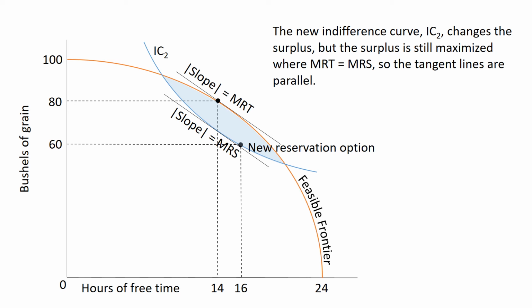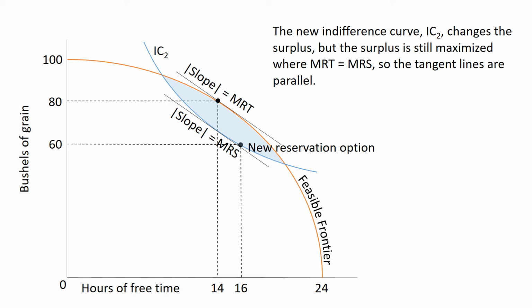Notice that at the new reservation option, MRT is actually greater than MRS, so the optimal hours of free time is not 16, but rather 14, which is the same as the original hours of free time. And that's where MRT equals MRS.